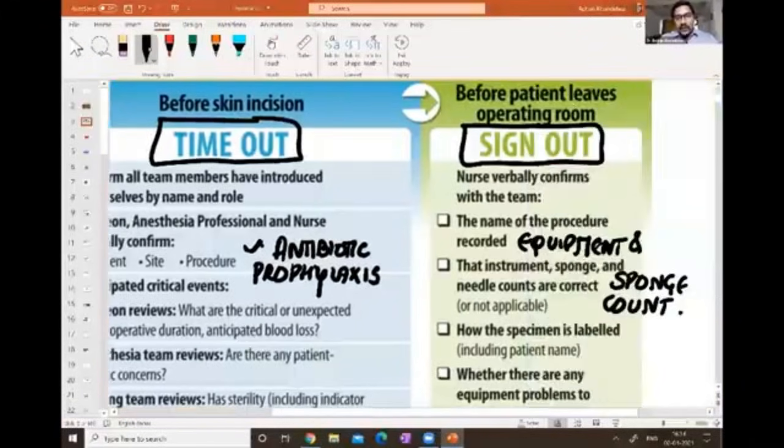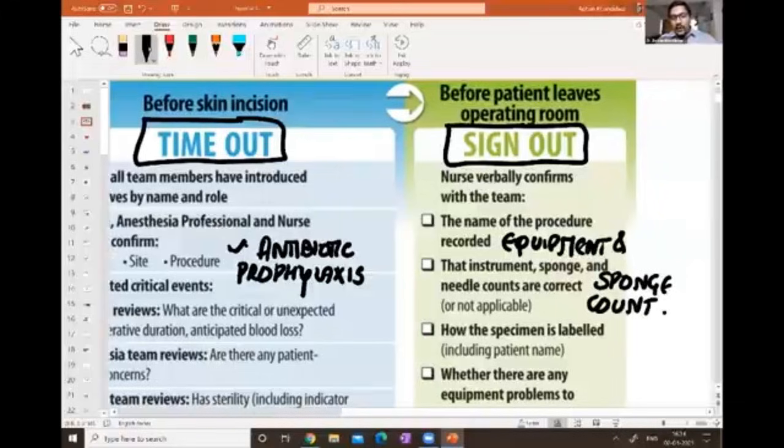The sign-out phase is the final phase when the surgery is about to get over. And again, very important, the nurse counts the equipment and the gauze pieces to make sure that nothing has been left inside. So I've highlighted the 3 key phases of surgical safety checklist and the important points in each phase which you need to know for the exam.